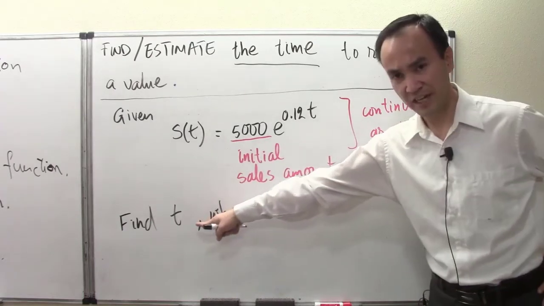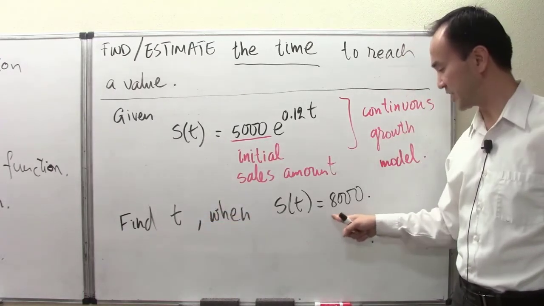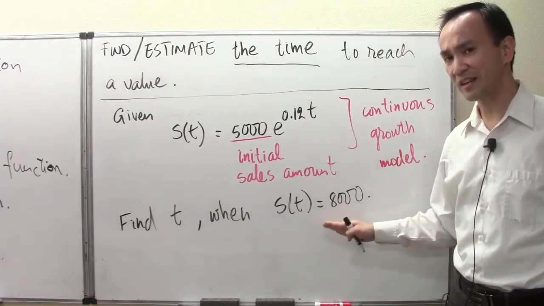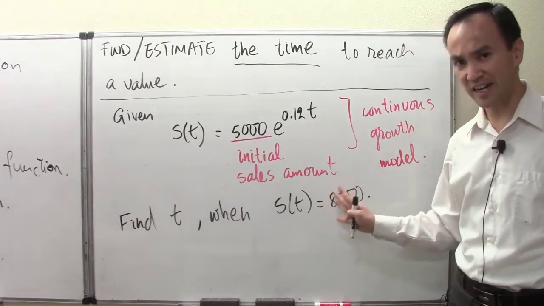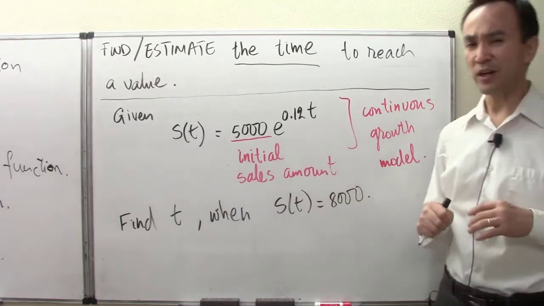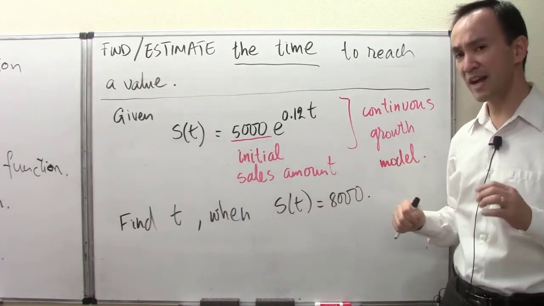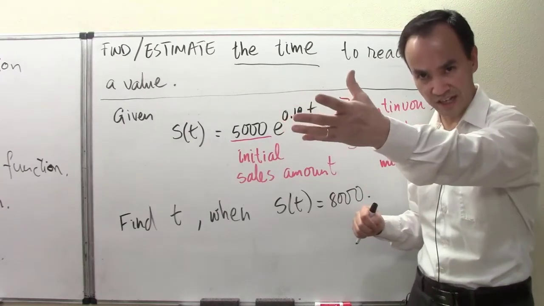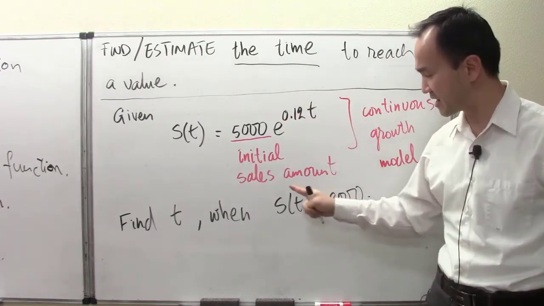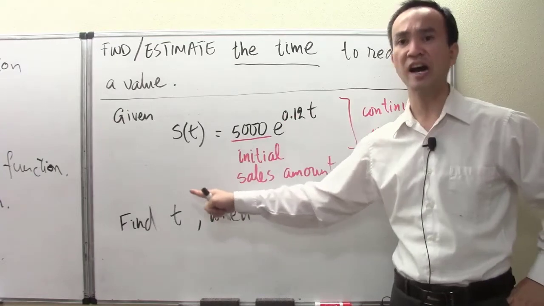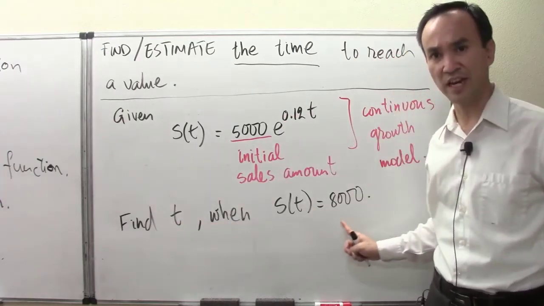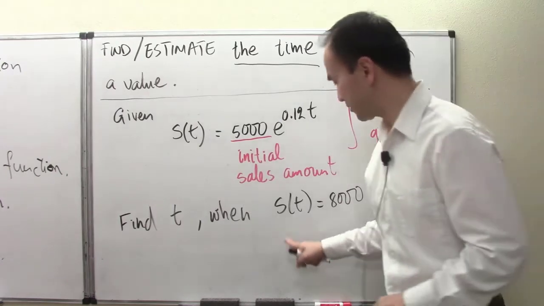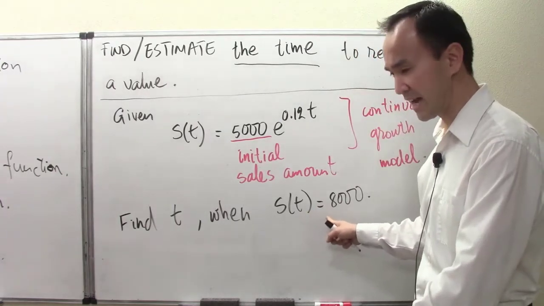That's why we're finding t when S of t equals 8,000. Now once we are clear with that goal, in this problem we don't estimate how much output is coming out some t years later, but we're estimating how much time it takes to reach a value right here. That's the idea. So right here, let's tackle that relationship.